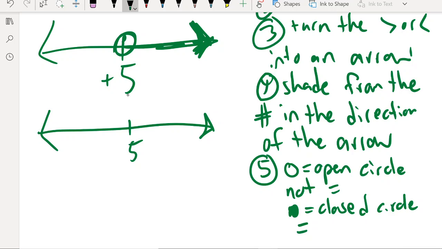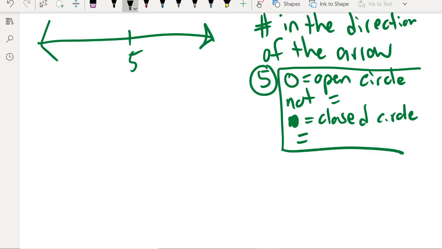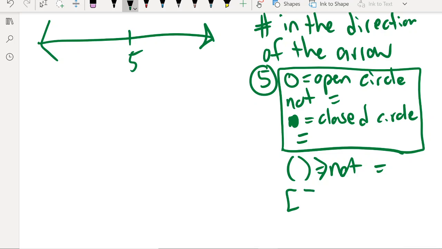Now, some newer textbooks are doing something a little different. You have parentheses, which means it doesn't include, so not equal. Then you have brackets, which means equal.